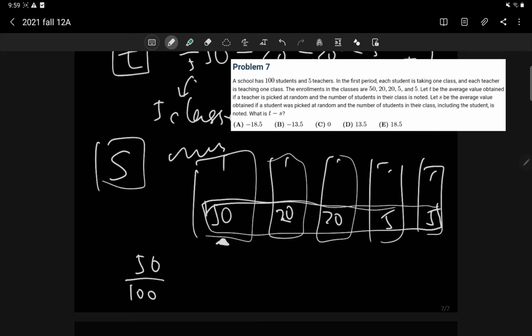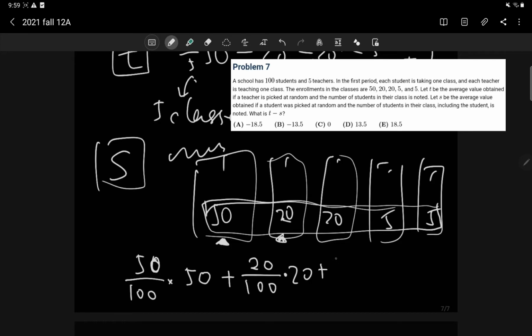So it has the probability of 50 over 100 to get the number of students with 50 students. Similarly, if you randomly pick a student, the probability it falls into the second class is 20 over 100, multiplied by 20.